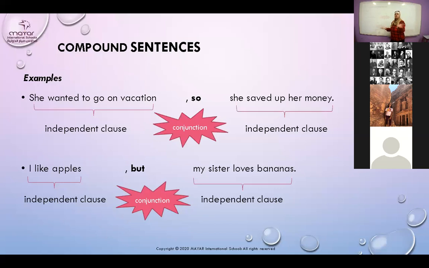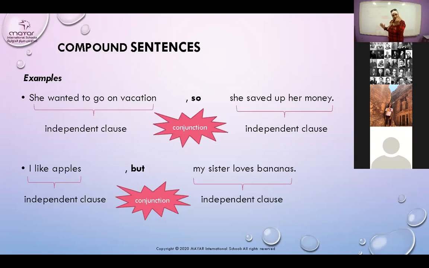Okay? Now try to switch the sentence, the same sentence. A tricky question. Muhammad, are you there, dear? Yes, hi teacher. Muhammad, let's switch. If I started with this part, she saved up her money, can I say, so she wanted to go on vacation? No. What should I use?